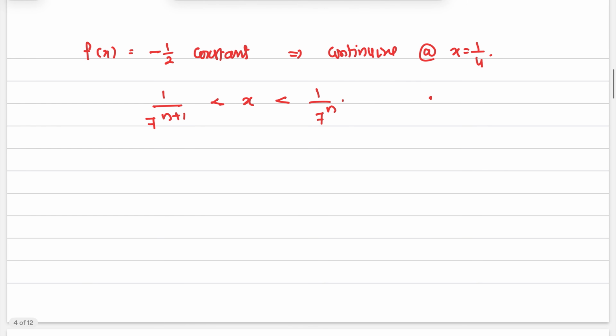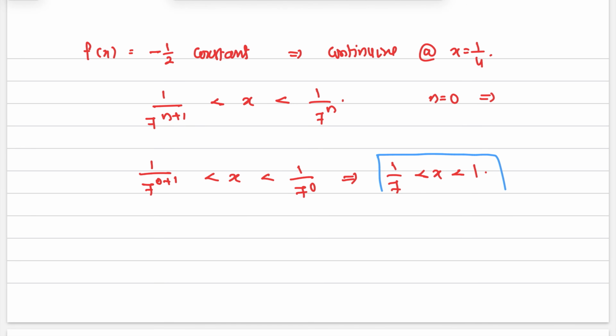When I put n is equal to 0 in this, 1 by 7 to the power of 0 plus 1 is less than x is less than 1 by 7 to the power of 0. That implies 1 by 7 is less than x is less than 1.